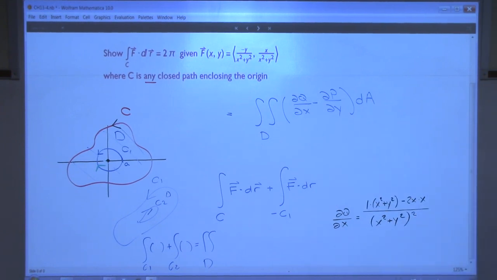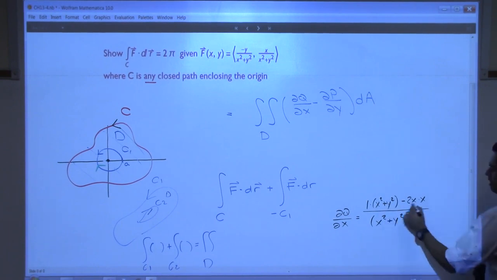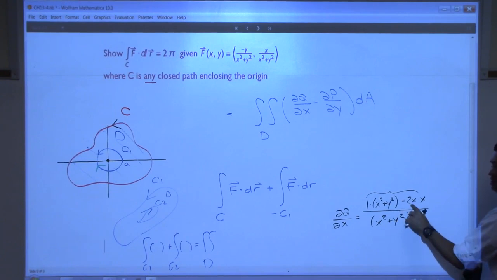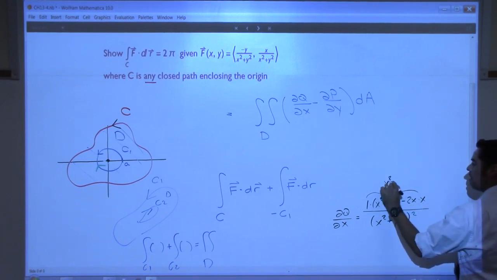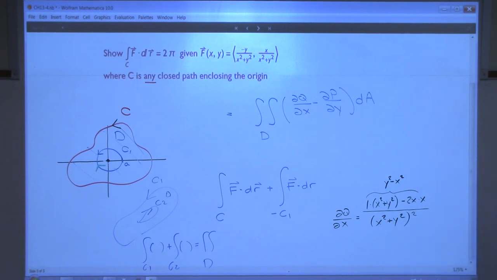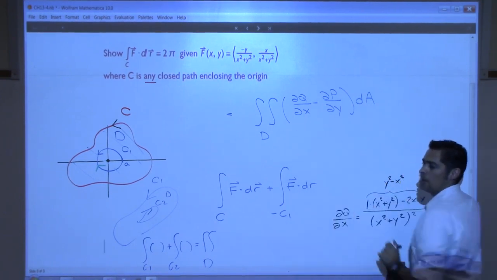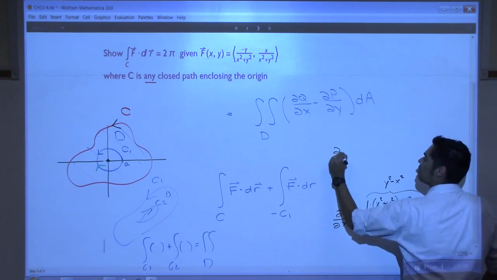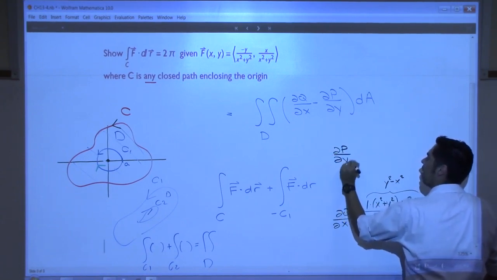What does this thing turn out to be up here? You have x squared plus y squared minus 2x squared, which is y squared minus x squared. You agree? Okay, that's what this is. Minus, what's the partial of p with respect to y? I'll do that here.